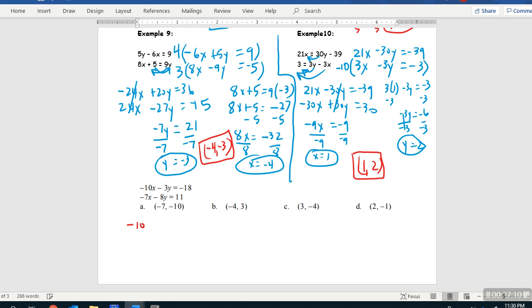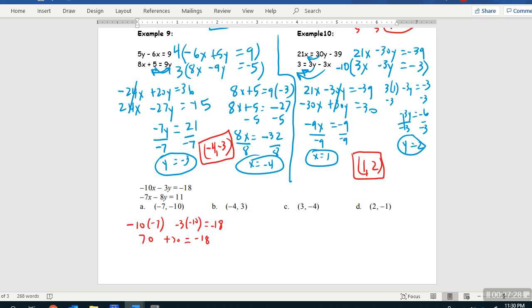So we could go, okay, negative 10 times negative 7 minus 3 times negative 10. That's supposed to equal negative 18. So let's see, that's 70. That's plus 30. Does that equal negative 18?